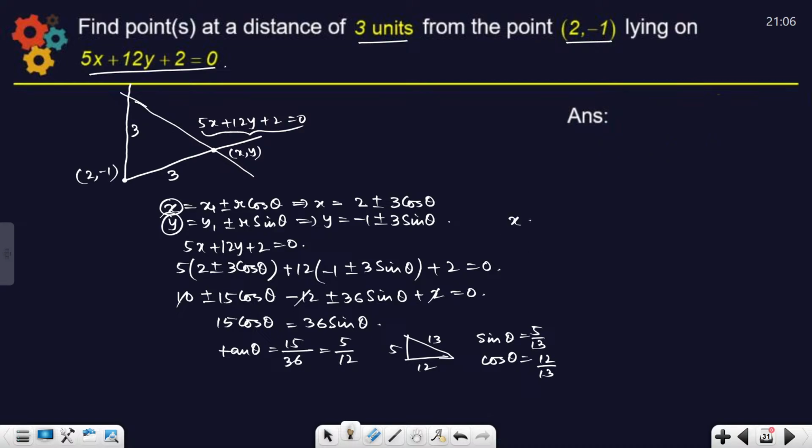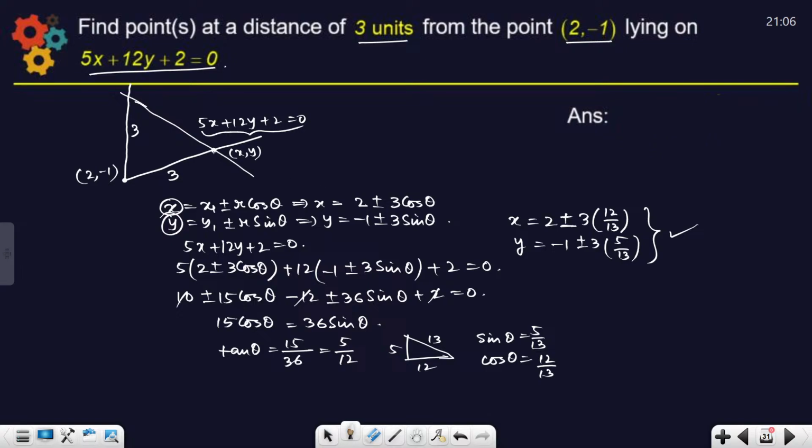What will the point be? x is 2 plus minus 3 cos theta, and y is minus 1 plus minus 3 sin theta. Calculation, I am not doing it. You can do it. Okay, so you are going to have 2 points. First, you take the plus sign to get one answer. Next, you take the minus sign to get another answer.